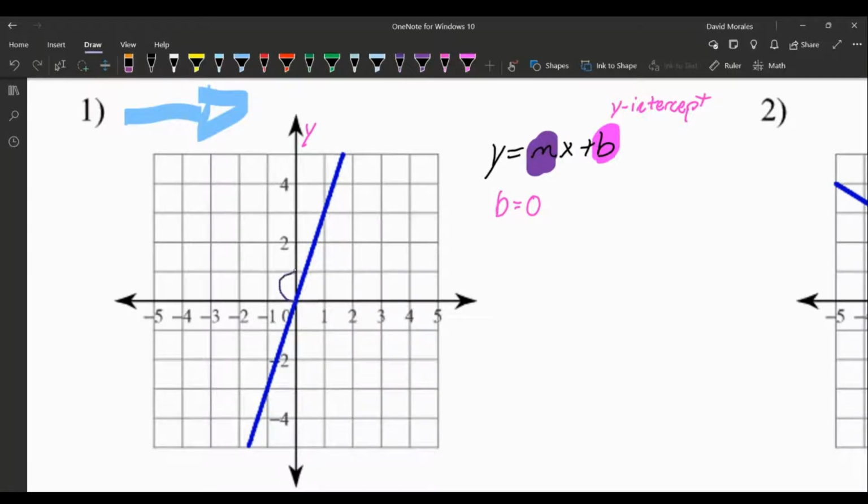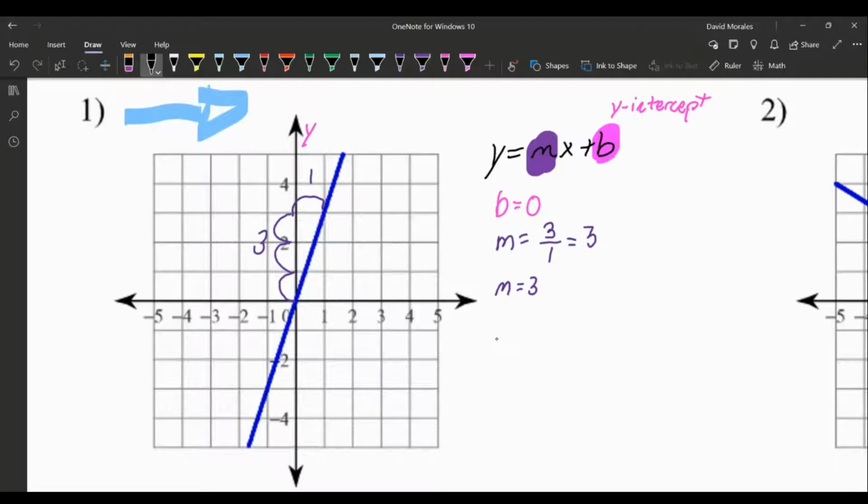I went up 1, 2, 3, and I went over 1. So I went 3 over 1. My slope is 3 over 1, which is the same as 3. So my m is 3.